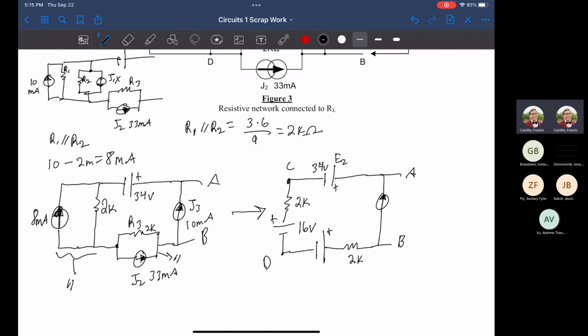It's going to be the same thing, so V is equal to 33 times 2. So this is milliamps, this is kilo ohms. Units cancel out, so you just get 66 volts. Which is what we have here. 66 volts.